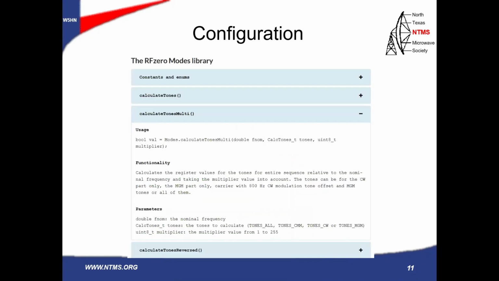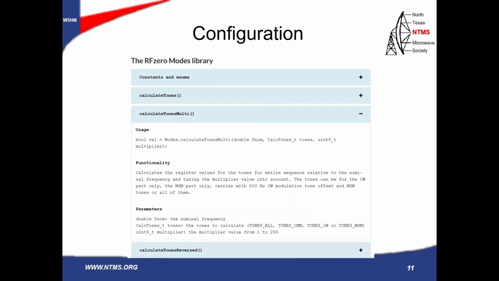But here is a breakout of what's called calculate tones multi. I don't know about this. Maybe somebody here does, but basically, if you look down here at the bottom, it calculates the register values for the tones for the entire sequence relative to the nominal frequency and taking the multiplier value into account.